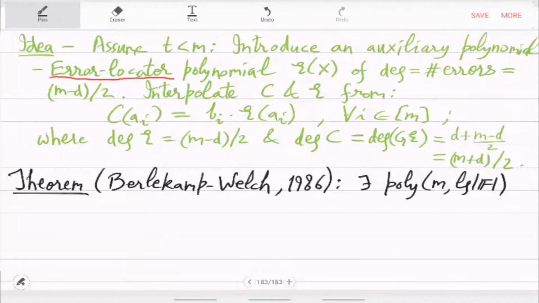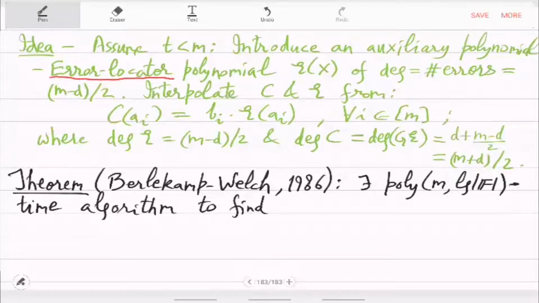But this is truly polynomial time, deterministic polynomial time. There exists a polytime algorithm to find G from (A_i, B_i). So whatever this data is, with the guarantee that T of the pairs are correct, you can find G.